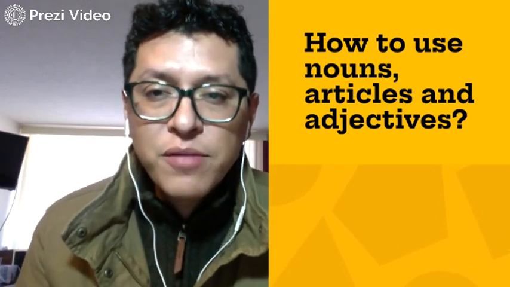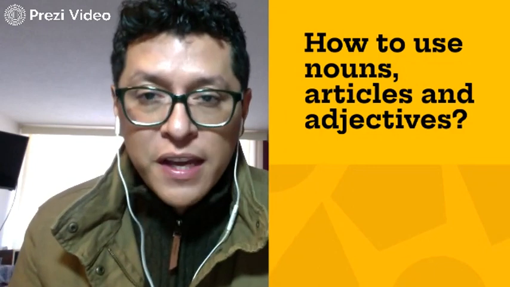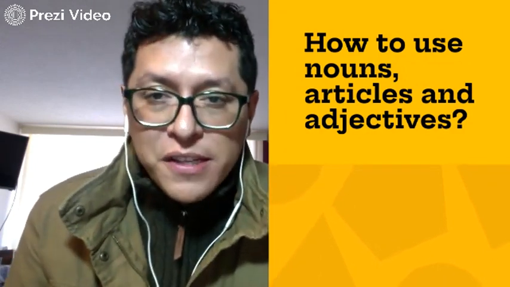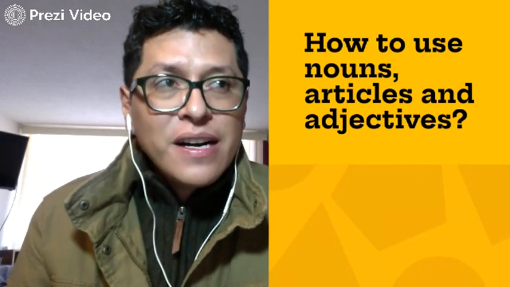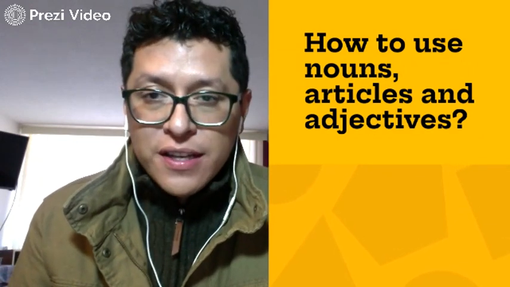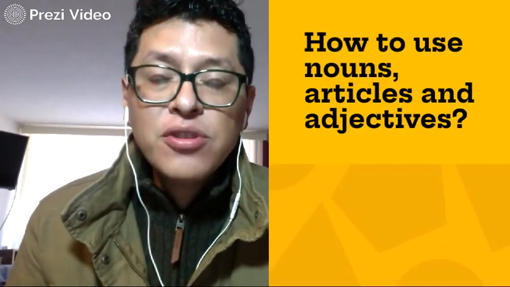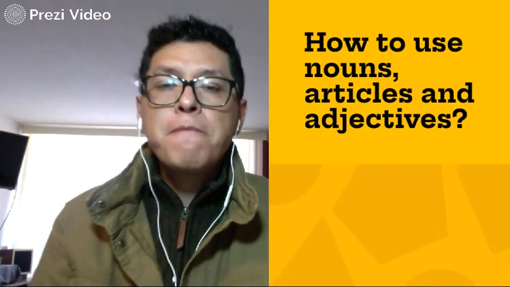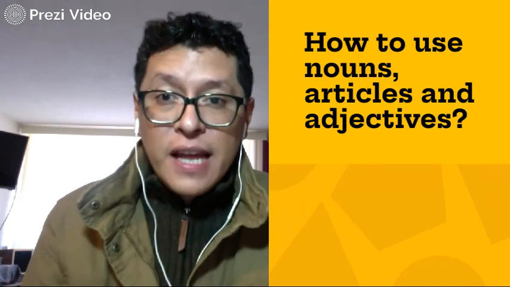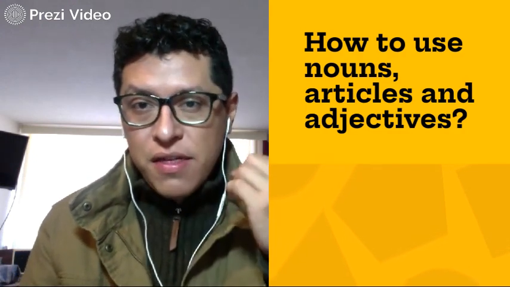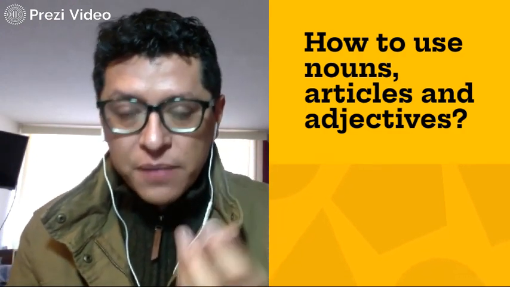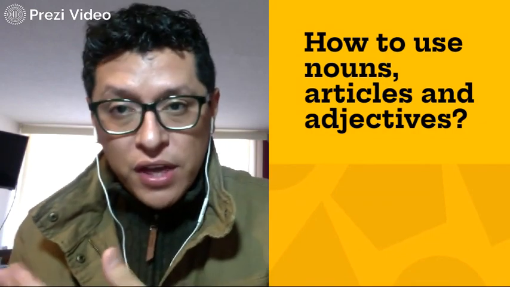And the first thing we have to do is, of course, define what is a noun. Okay. So what is a noun? A noun is a word that we use to name things, basically to name objects. If you want to say it like this, the noun is a thing, the noun is an object, and the verb is the action.